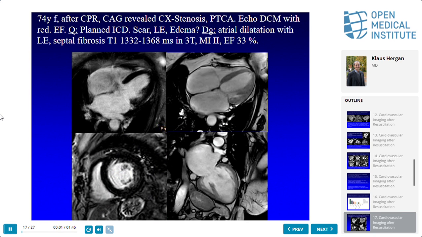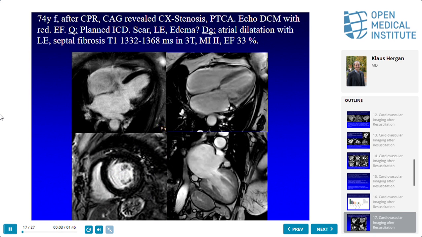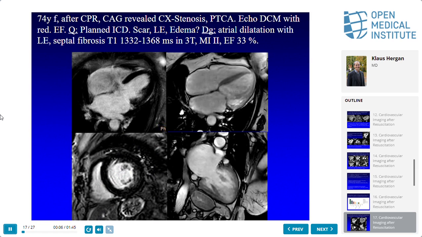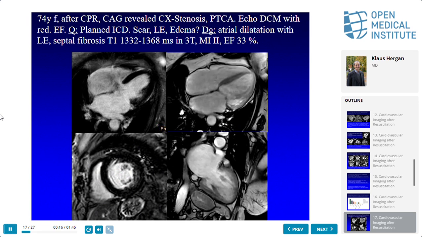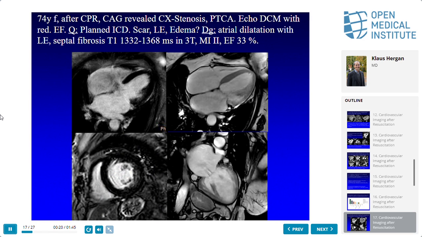And here we have another patient, a female patient after resuscitation. They found in the angiography a circumflex artery stenosis, treated with PTCA with stent implantation, and in echocardiography they found a dilative cardiomyopathy and a reduced ejection fraction, and they want to implant an ICD.